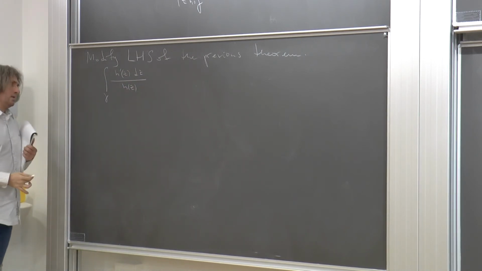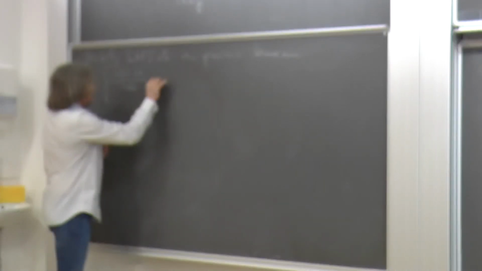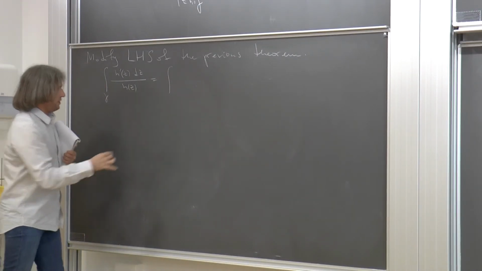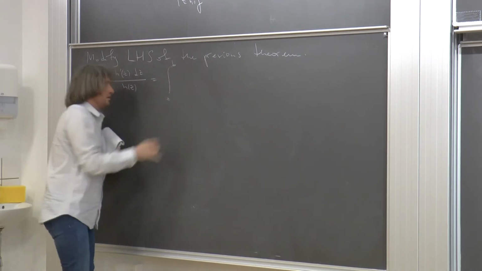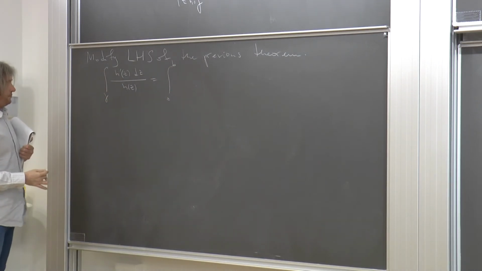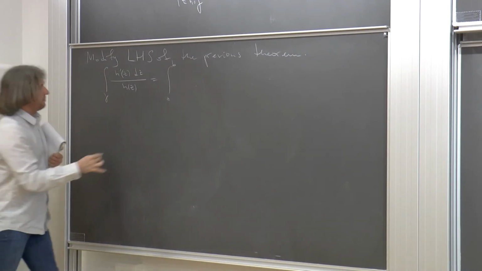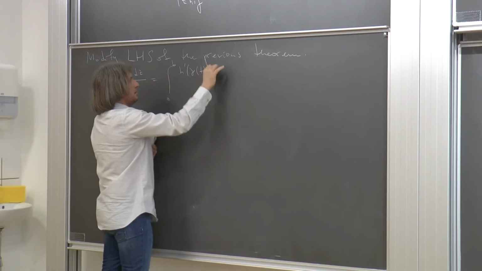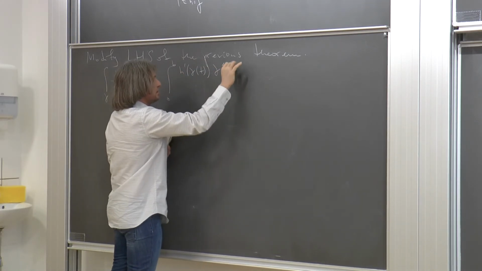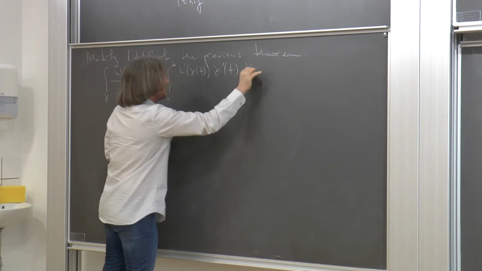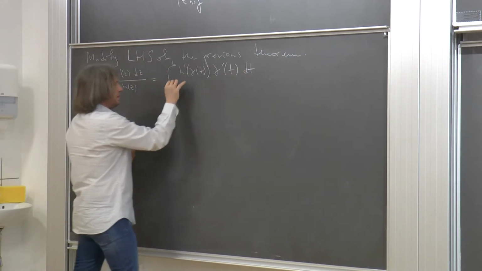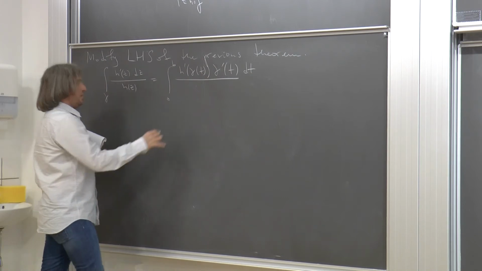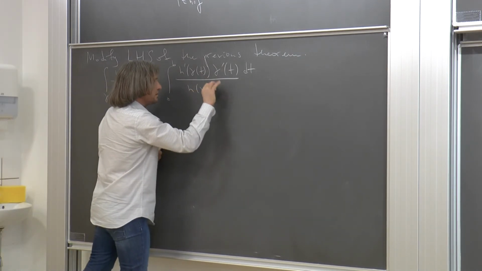So this was the integral from a to b of h prime of gamma of t, gamma prime of t dt, divided by h of gamma of t.